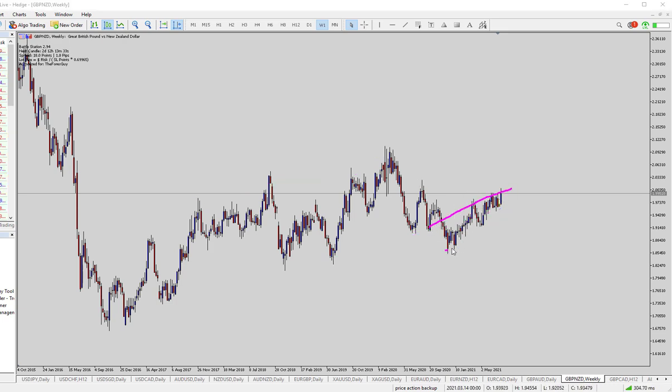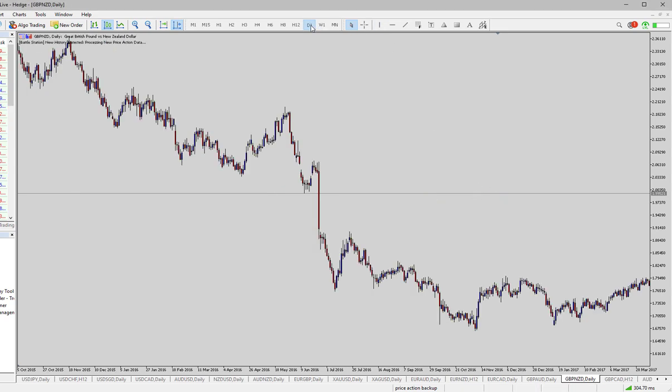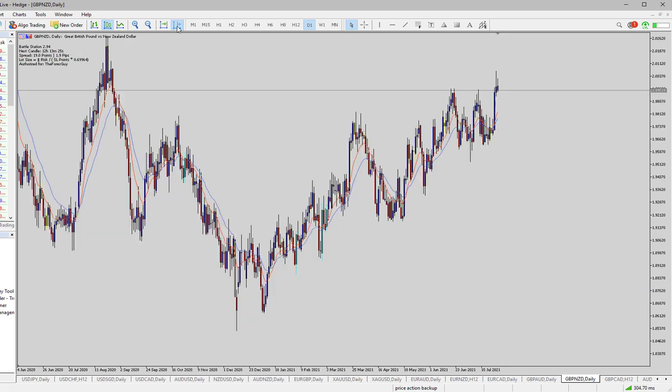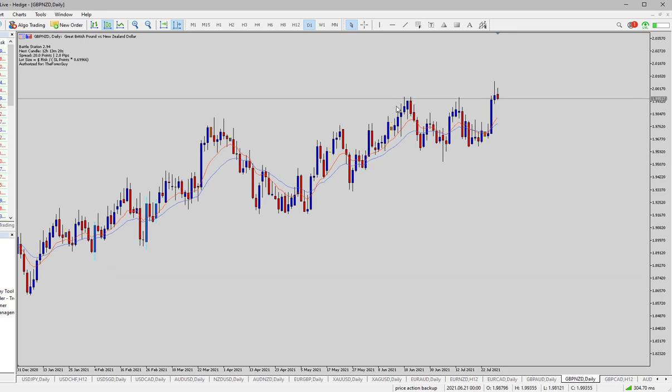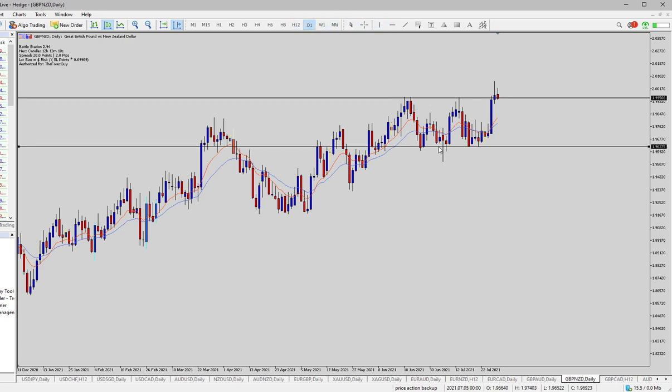The closest I would say is a potential channel there, but it looks quite ugly. It's not very clean, and I wouldn't want to just force mark that just because. But here on the daily, I can definitely see that there is. Shall I get the horizontal levels out? We definitely got a range going on here.